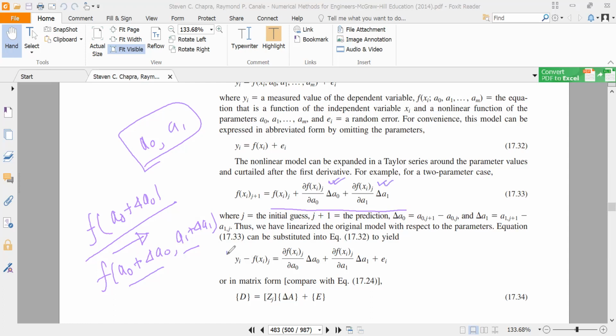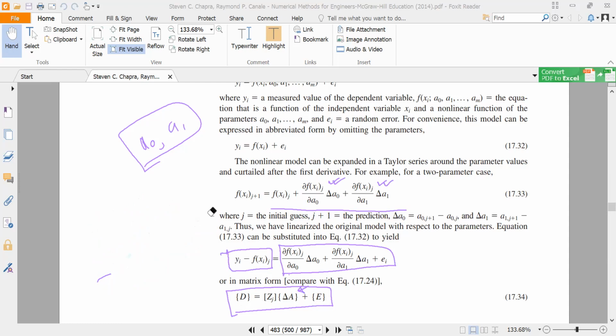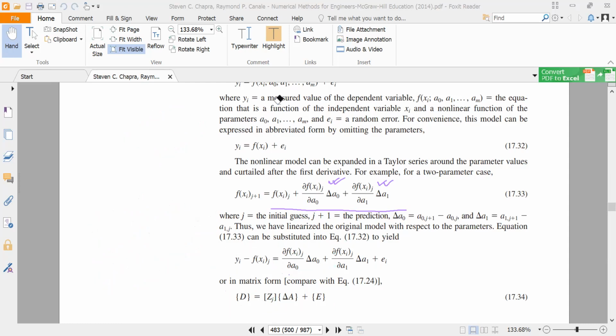Having this done, you have this difference. Then you can put it into this form, and this equation can be put into a matrix form. After having this in matrix form, our objective is to calculate the value of del A, the change in value. That means this is the degree of refinement in your subsequent iteration, that we want to find.